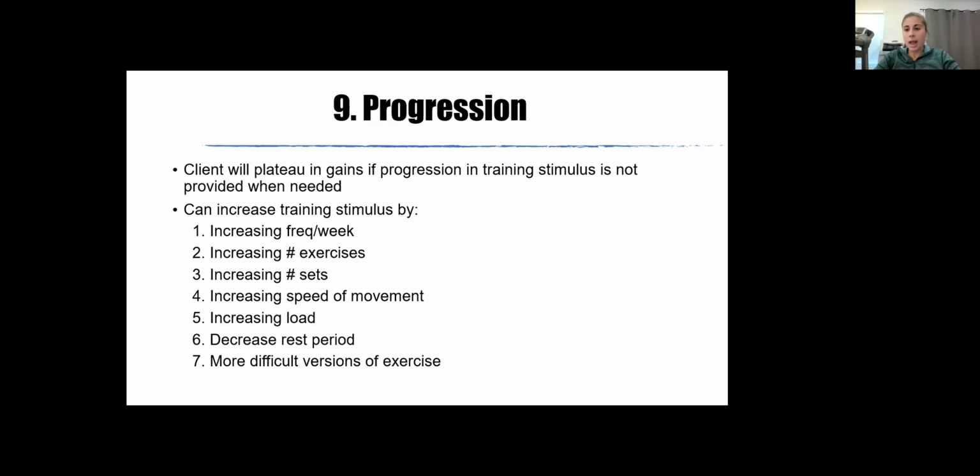That could be doing some stuff unilaterally, adding a different type of load to the exercise, like a barbell or dumbbells, or using a TRX for some exercises. So just changing it up and adding some different variations and difficult versions of an exercise. Even, let's say you're doing an assisted pull-up machine, you might then progress to doing pull-ups with a band. That's a more difficult version than doing it with the machine, for example.